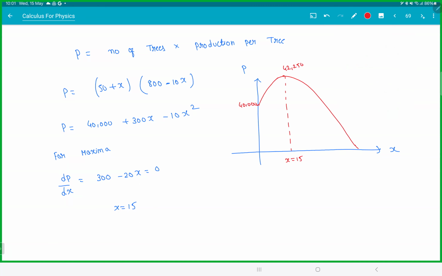You get an extra 2,250 apples. But if you become too greedy and go more than 15, the plants will start dying actually. The plants will produce less apples. Have a look at this. Clear? Now, are you getting that calculus is actually easy?